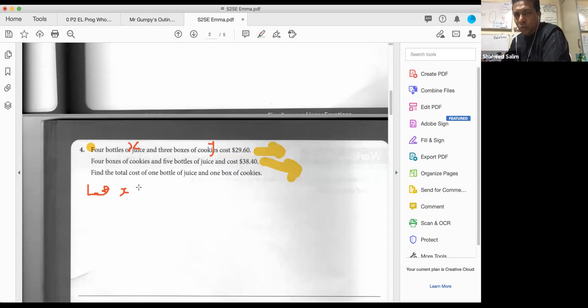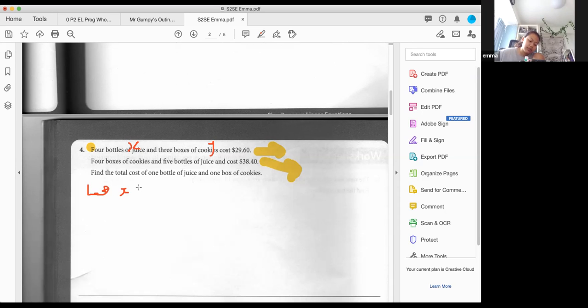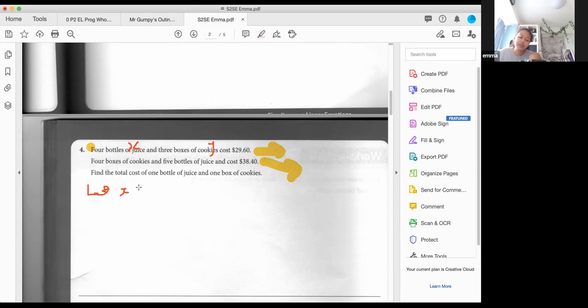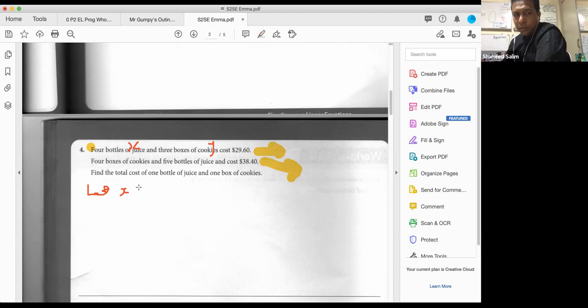Don't times anything. Then you take equation 2 minus equation 1, and you see you get the answer. You know what I'm talking about? No need to substitute. So you write this as equation 1, this one as equation 2.